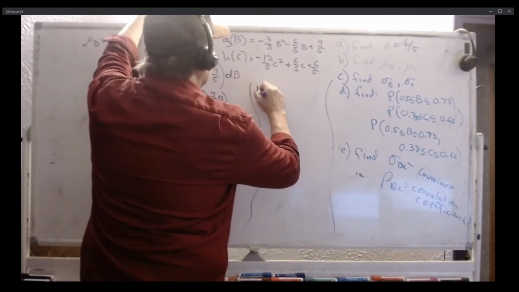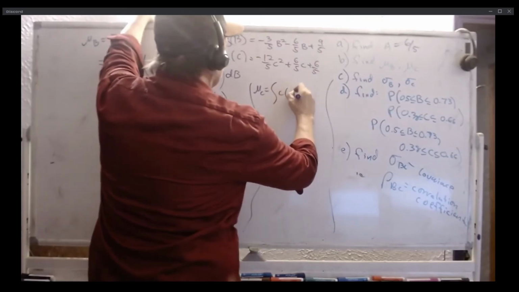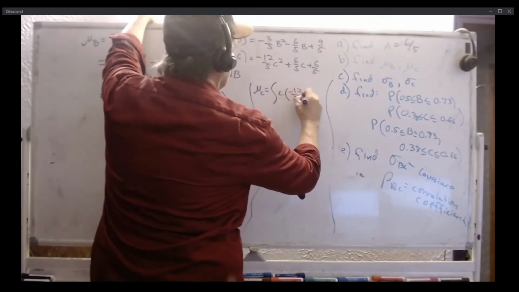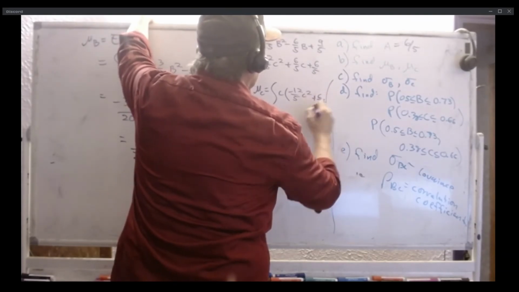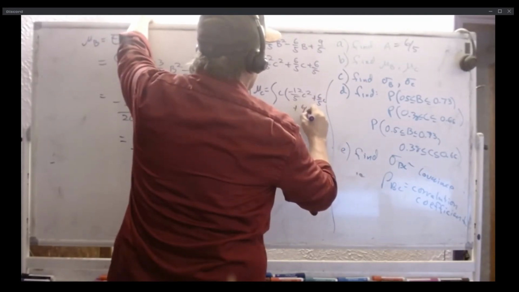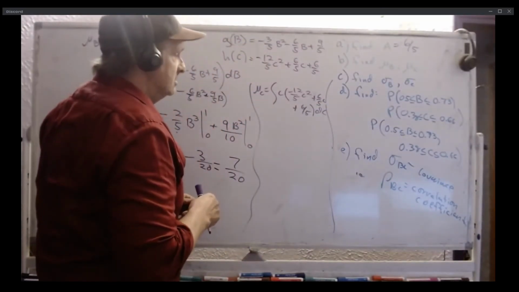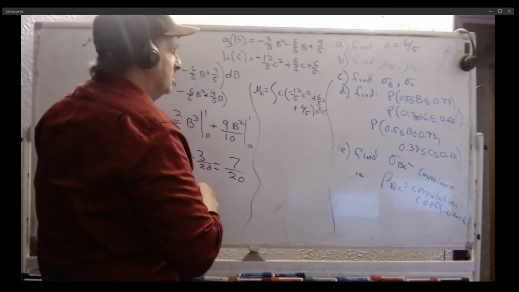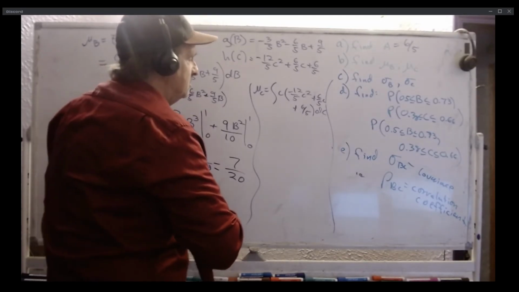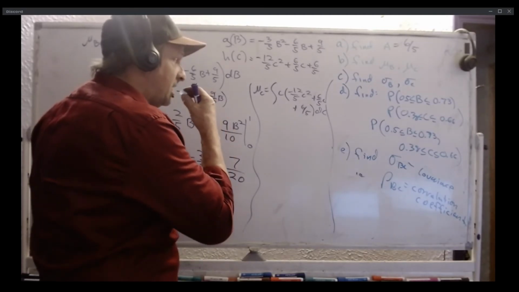So mu sub C is the integral of C times negative 12 over 5 C squared plus 6 fifths of C plus 6 out of 5, dC, is that right, guys? Yes. So that's going to be C cubed, raised to the fourth power, I get negative 3 fifths C to the fourth.